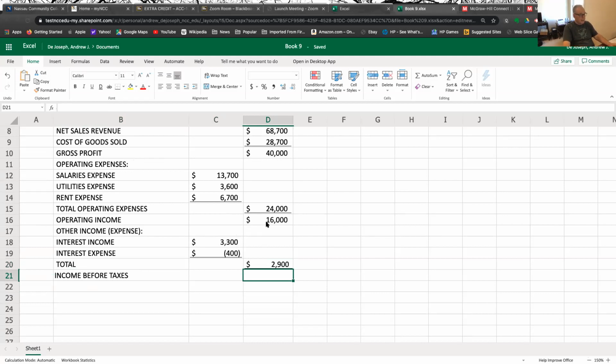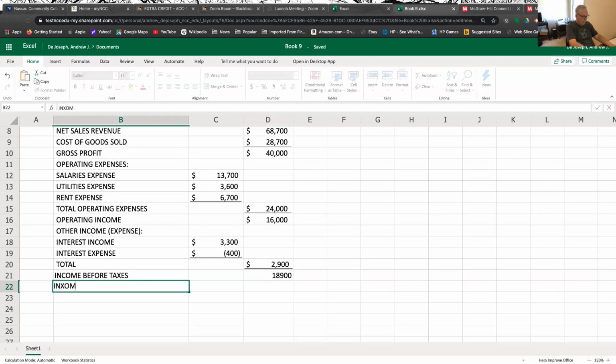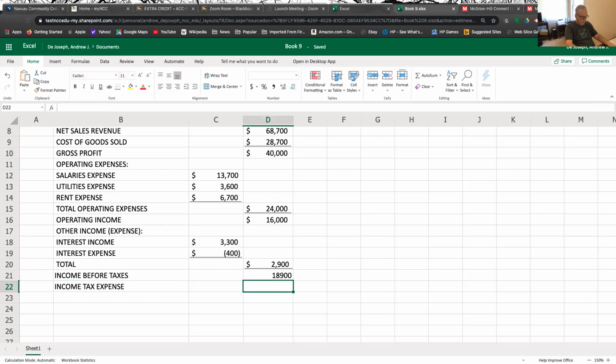So if I take this 16,000 and I add this 2,900, 18,900 is the income before taxes. Income tax expense was $6,000. 18,900 minus 6,000 is 12,900.